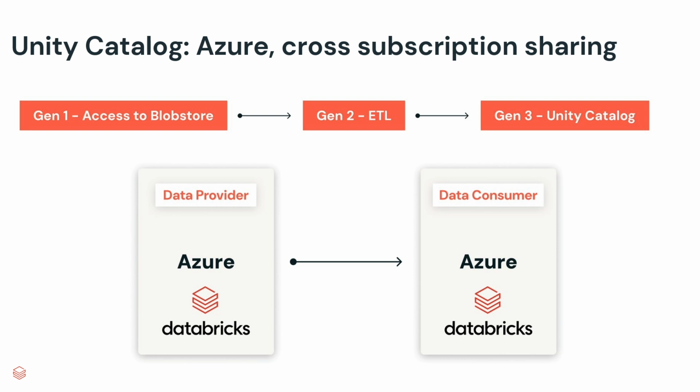What is the solution? Obviously, when you have Databricks with different workspaces, you would come to projects that require exchanging data. And the solution, as you see, generation 1 was, well, unfortunately, let's get access to the blob store. Both Databricks workspaces can mount the blob store and use it, and it works. But it makes people like me really uncomfortable because now we have rather random access to a blob store that might have important data.